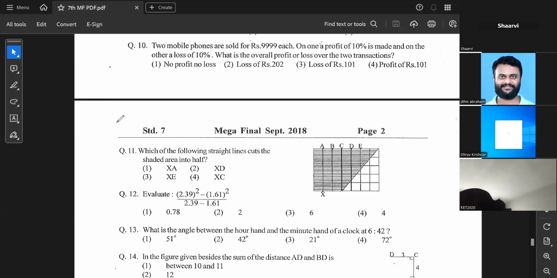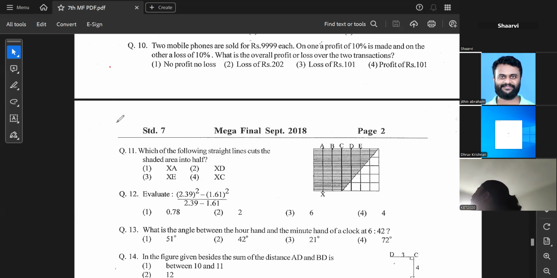Sir, I have a simpler method. Tell me. So sir, let's take CP as 100 and let SP be 110. We know that the selling price is 9,999, so we can use the unitary method: 9,999 into 100 upon 110.